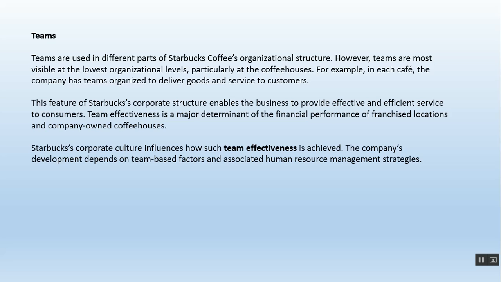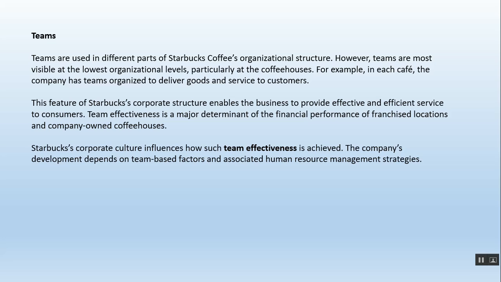So they get exposed to all of the products, and they're the ones responsible for directly servicing clients for anything that the corporation at large offers. This feature of Starbucks corporation structure enables the business to provide efficient and effective service to its consumers.